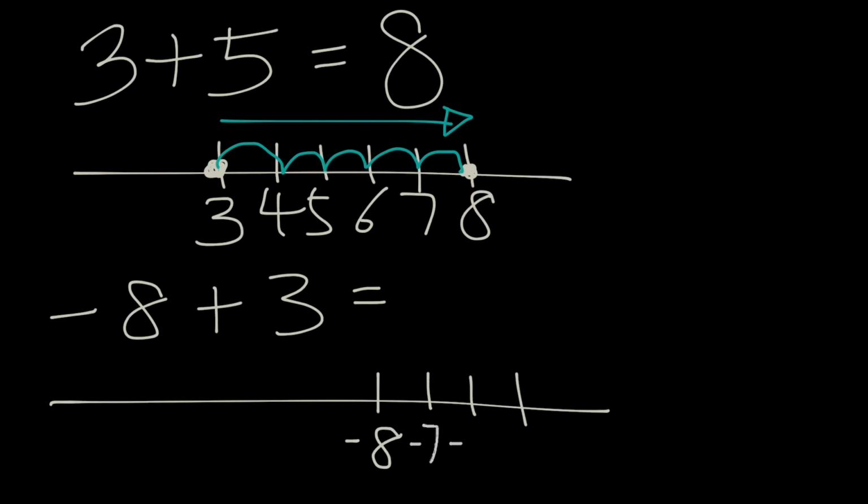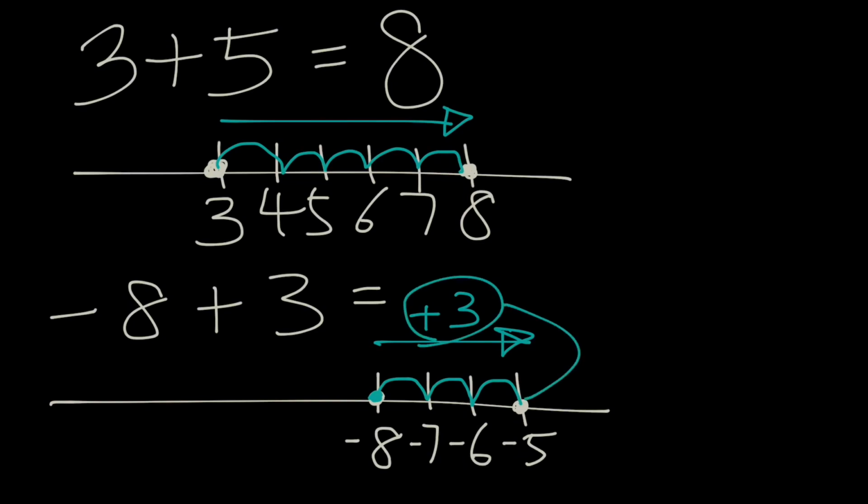So this will become negative 7, negative 6, negative 5. So the starting point is negative 8, and the ending point is negative 5, and we're basically going 3 spaces over. So negative 8 plus 3 equals negative 5.